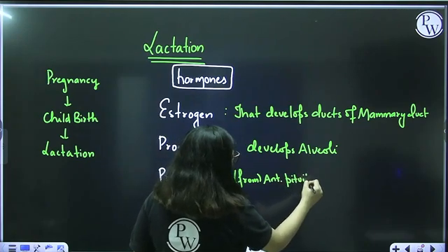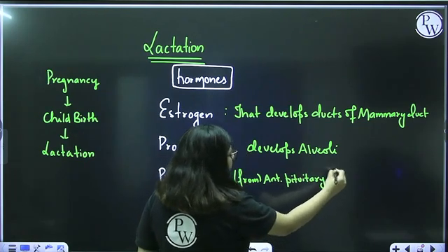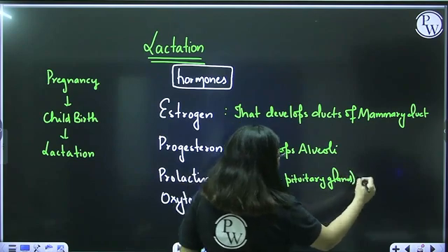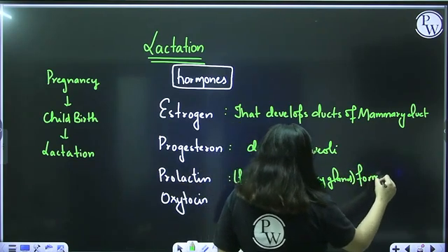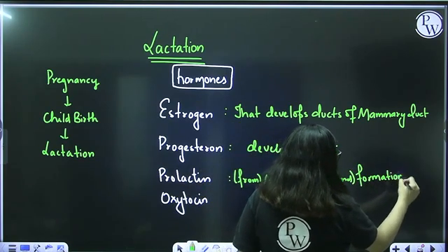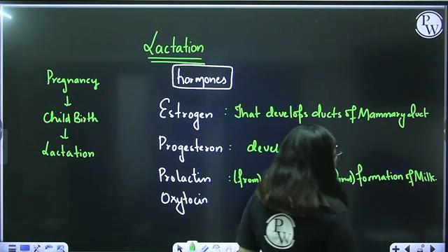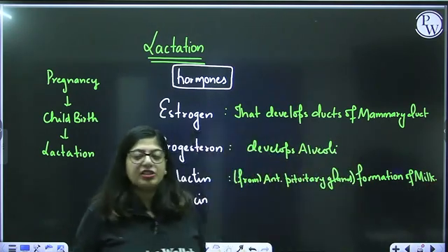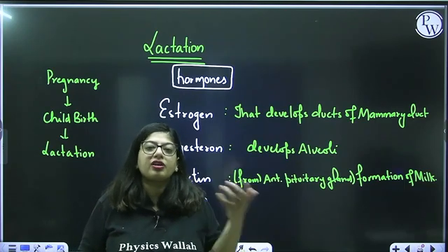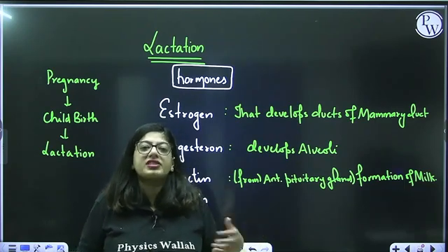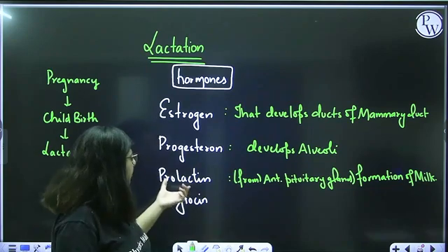I hope you all know what the anterior pituitary gland is. It's in the brain. This gland secretes the hormone prolactin, which helps in formation of milk. So if someone asks you which hormone helps in formation, production, synthesis or secretion of milk, you will say prolactin.